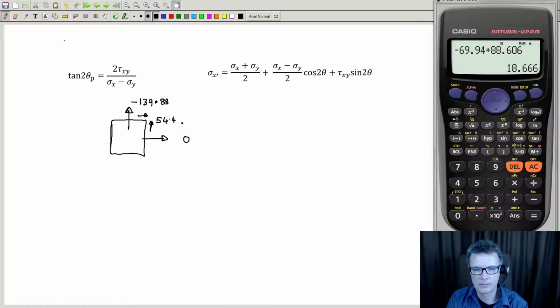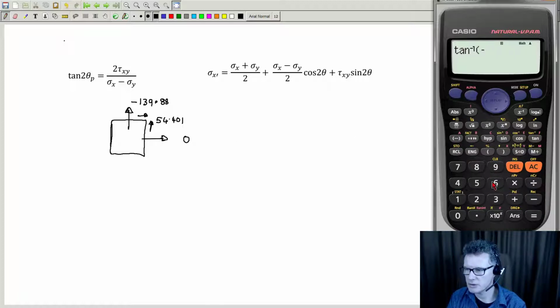So let's find our stress planes. That will be inverse tan of 2 times 54.401, that's the top, divided by 0 minus negative 139.88.